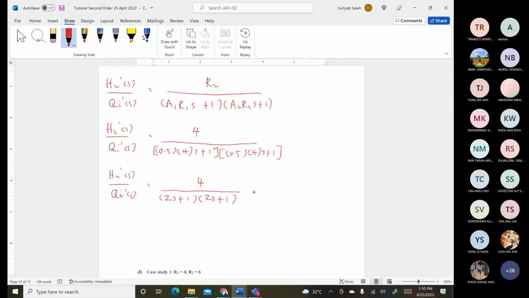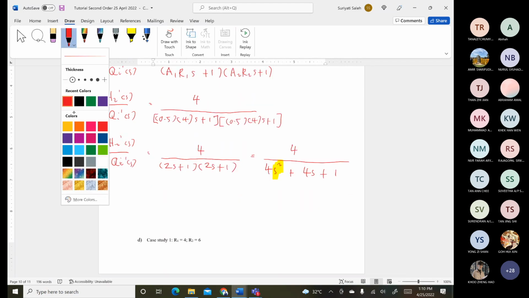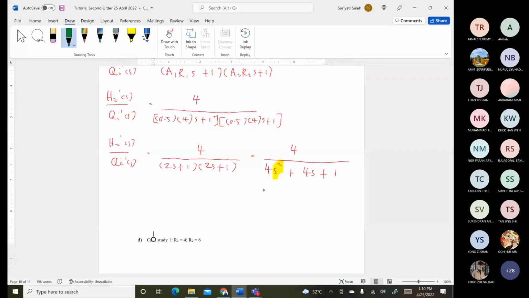If we expand it, it becomes 4 divided by 2 multiplied by 2, 4S square plus 4S plus 1. Here you have S square, S power of 2. So this indicates the system is second order.